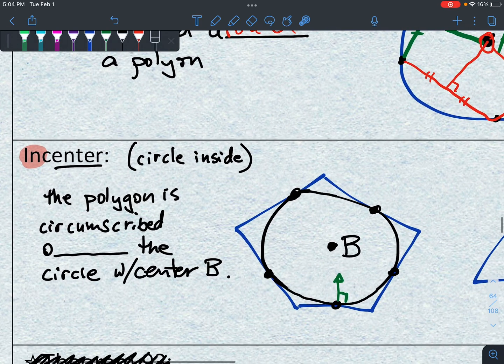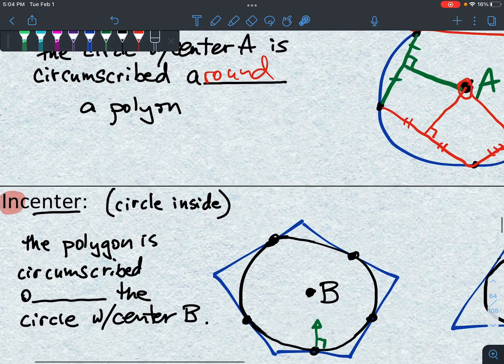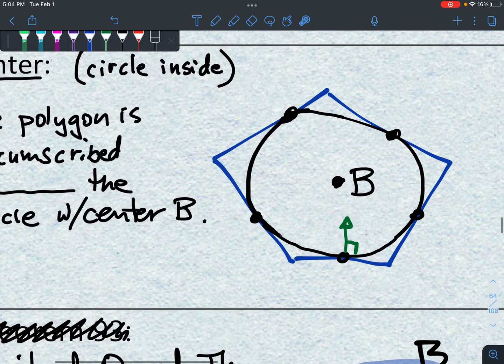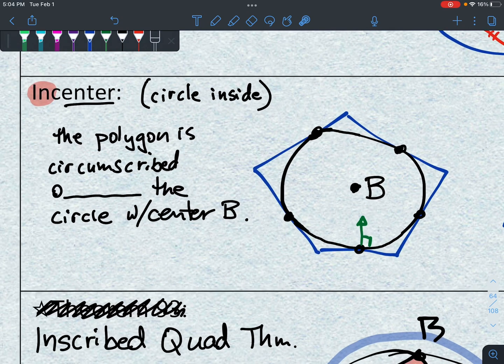This is not to be confused with the in-center. So this is now the circle inside. So notice here the circle was on the outside. So here again I've got a pentagon, just like in the last example, only instead of touching the vertices, I'm now tangent on the inside. All right?